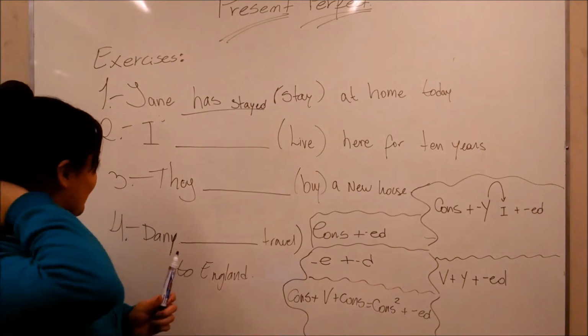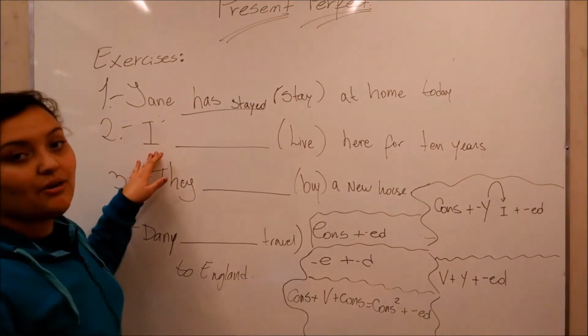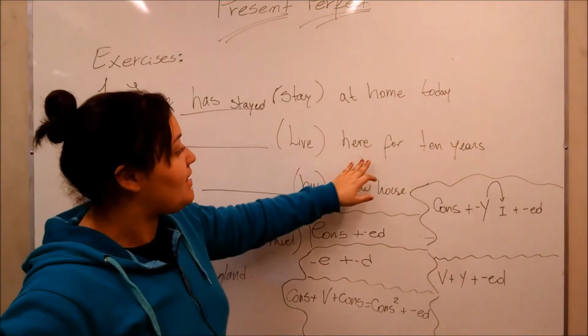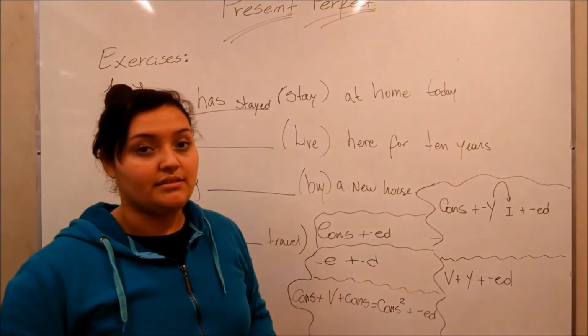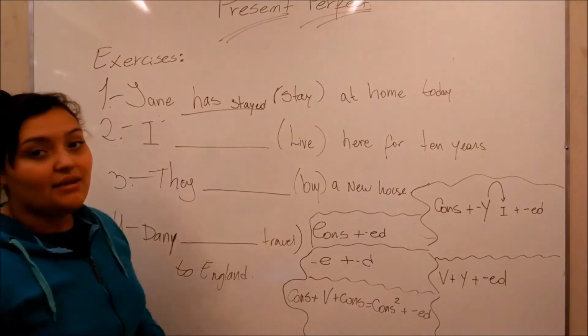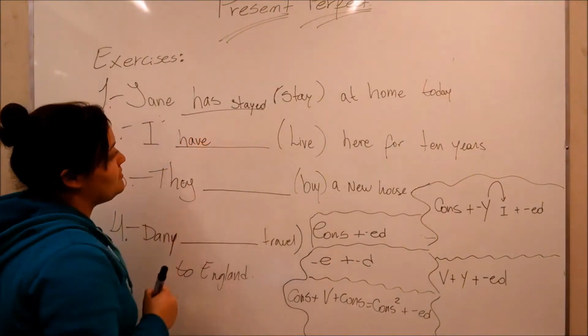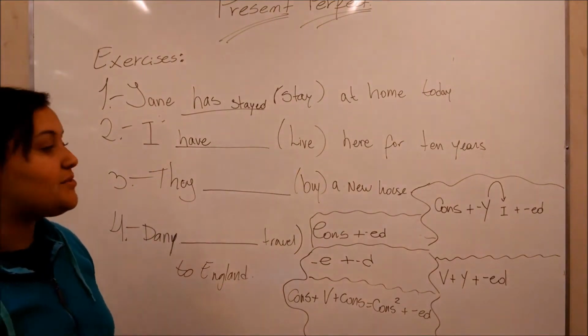So the second one, I is our subject, live is our verb, here for 10 years. In the case of I, we have to use the auxiliary verb have, because this is not a third person singular.